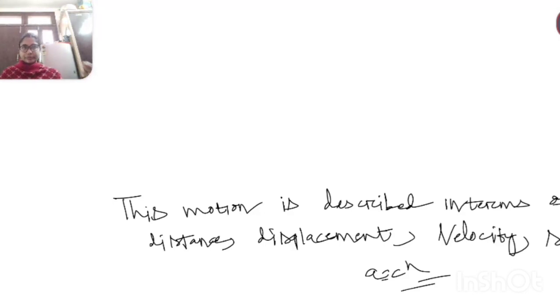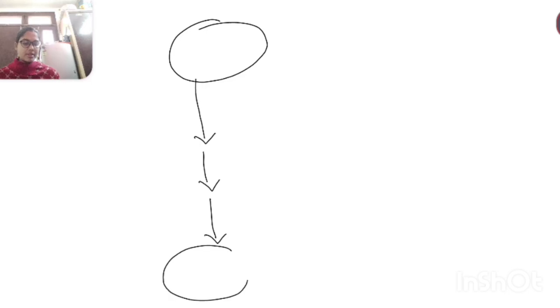So what we have learned is motion in a straight line and how motion is described with respect to one observer. Now we're going to discuss what is distance and displacement. Suppose I have a ball here, and I threw the ball downward and the ball comes here. So the position of the ball has changed.